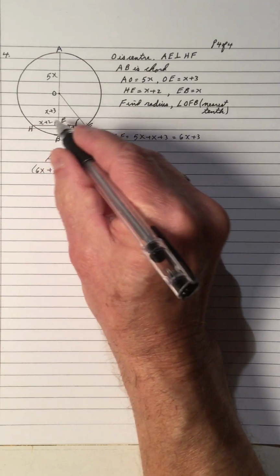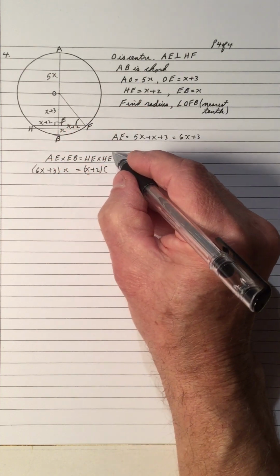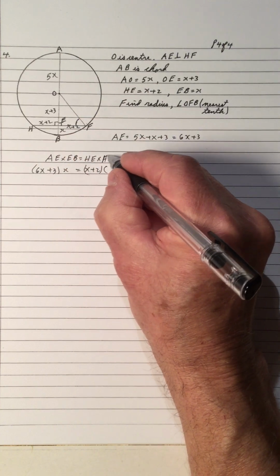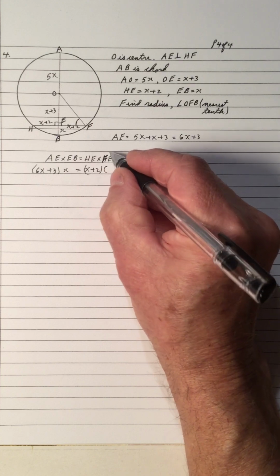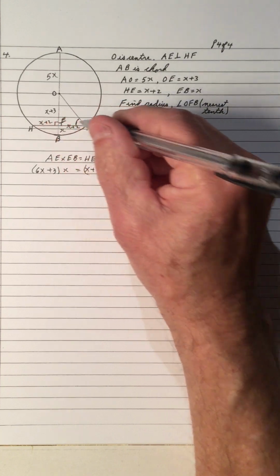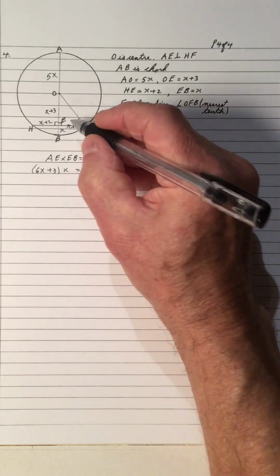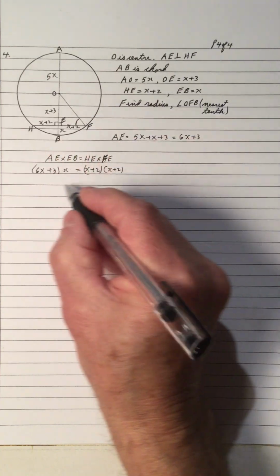And that should be an FE, just a little mistake there. I always make those little tiny mistakes. So the product of the chords, that's an FE, which is x plus 2 also. So EH and EF are multiplied.